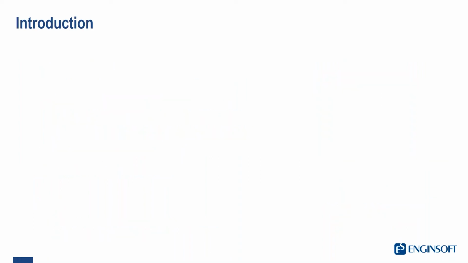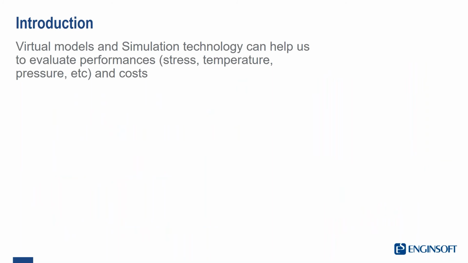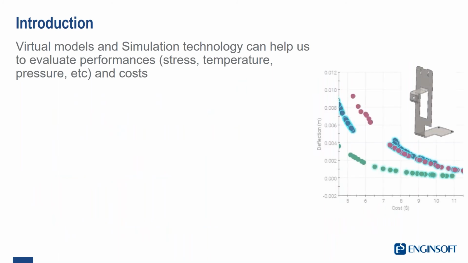Okay, we can start. Nowadays, virtual models and simulation can help us evaluate performances, generally speaking, all kinds of technical performances like stress, thermal management indicators, pressure, safety factor, and some others. And in addition to that, also performance like cost.